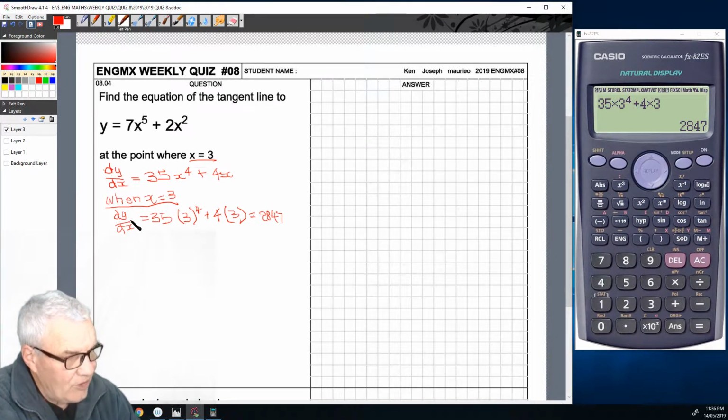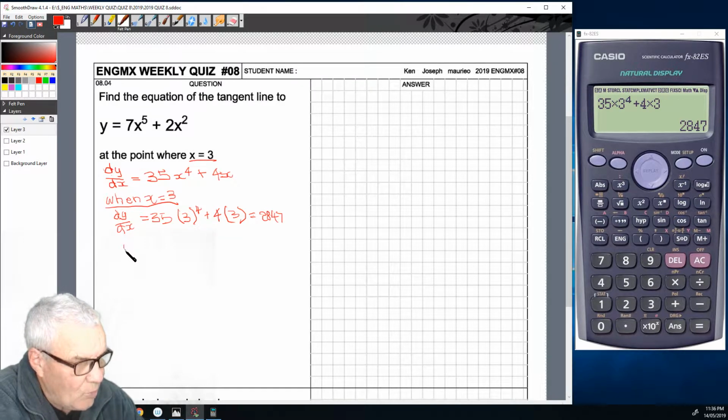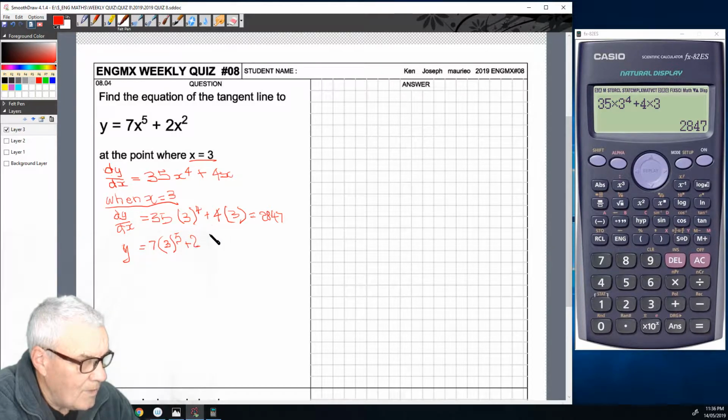Now when x equals 3, we also need to know what y is. When x equals 3, y is going to equal 7 times 3 to the power of 5 plus 2 times 3 to the power of 2.